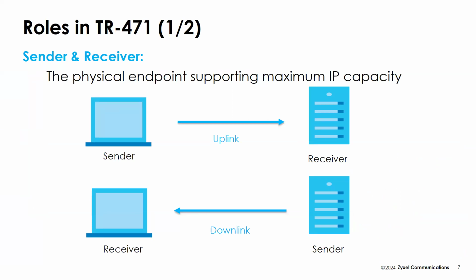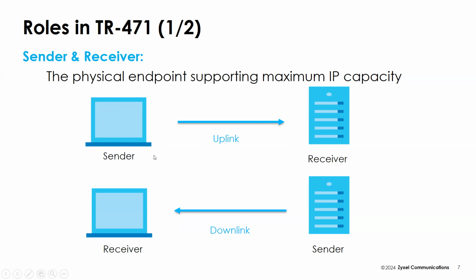The result of the speed test is a measurement between two devices. In a TR471 scenario, the devices act as a sender or a receiver. If we want to perform an uplink speed test, our PC, for example, will act as a sender in this test.